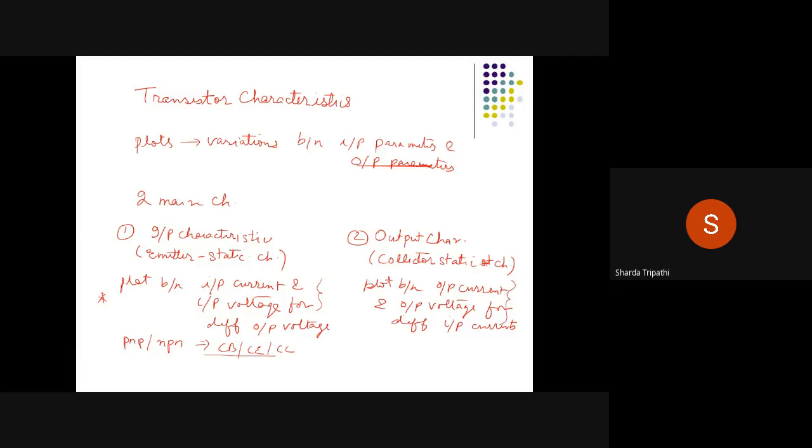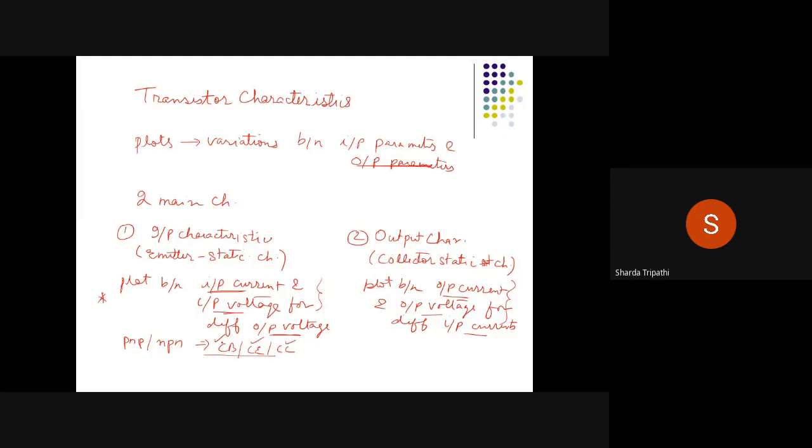But what is going to change is which current we are calling the input current, or which voltage we are calling the input voltage, or which voltage we are calling the output voltage. Likewise here, the output current, which current we are calling the output current, or likewise the output voltage and input current. So the designation of these parameters will vary depending upon if the configuration is common base, common emitter or common collector.